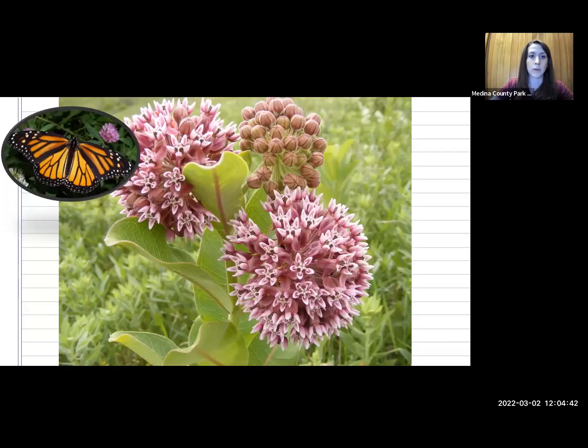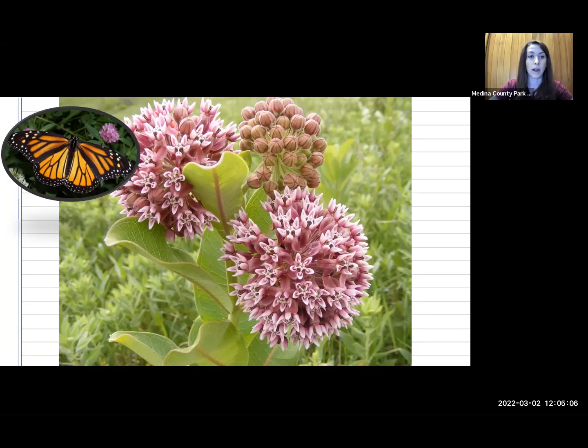The black and orange coloring on the monarch is a warning to predators that, hey, I'm toxic. And they get that toxicity when they are a caterpillar. They eat the milkweed and absorb the toxins, and that toxin then protects them their whole lives.